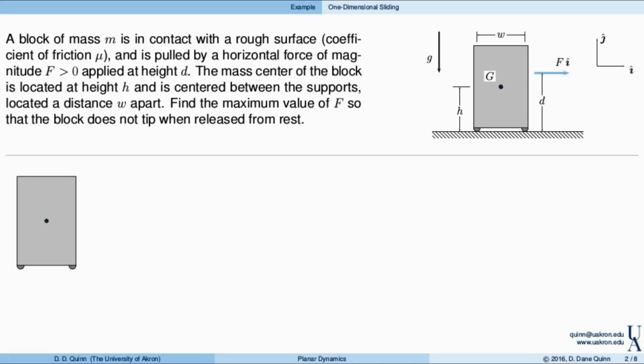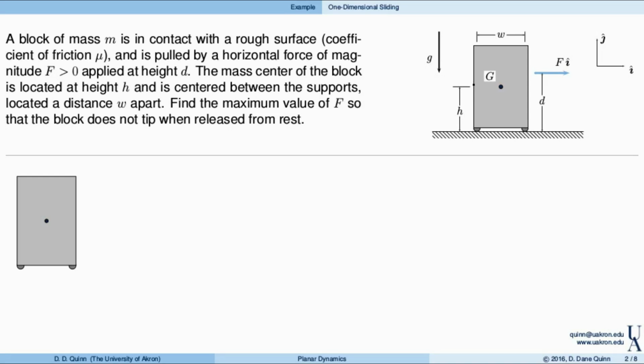So here's the problem. We have a block of mass m that is in contact with a rough surface, and the coefficient of friction between these supports and the ground is mu. Now it's pulled by a horizontal force with magnitude F that is greater than 0, so here this is a force to the right, and it's applied at a height of d above the ground.